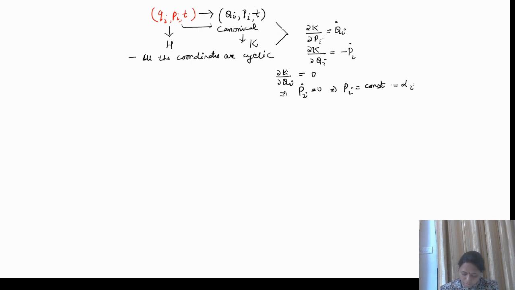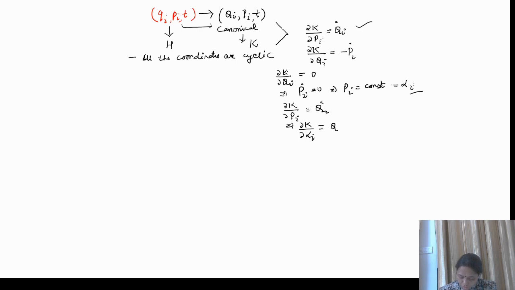Now what about this one? Delta K by delta Pi is equal to Qi dot, means delta K by delta alpha i. Your K is not involving any of the Qi, which provides that Pi is equal to alpha i.